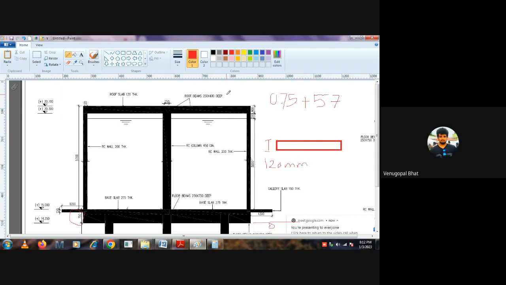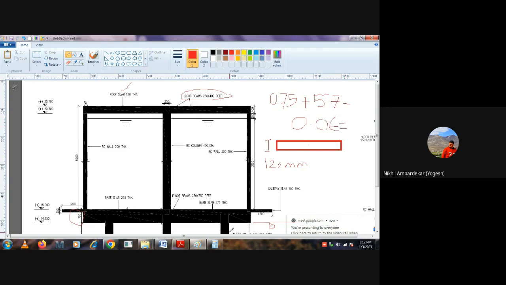If you see this, the depth of the roof beam is 0.4. The roof slab is 120 mm thick. Now we have come up to this 5.7, so we need to subtract half of the roof slab thickness, that is 0.06. Correct? Yes, sir.